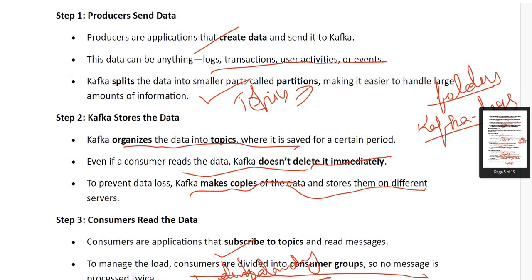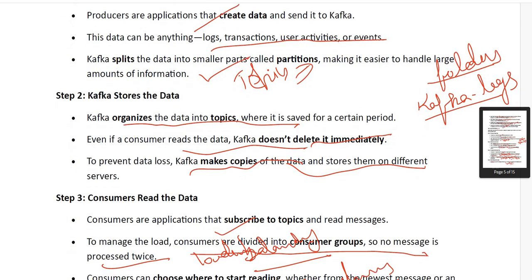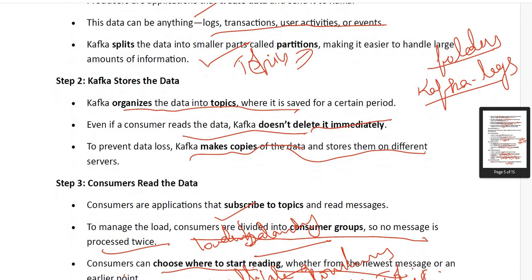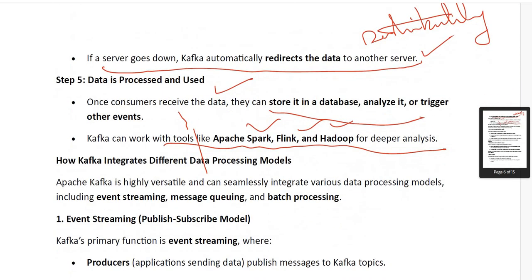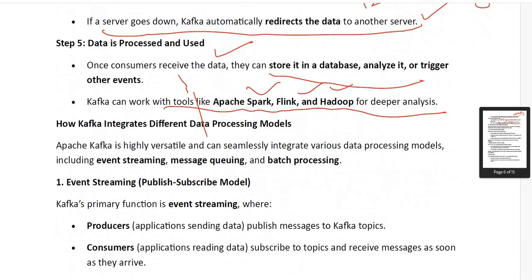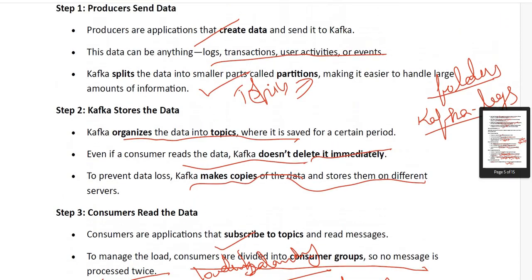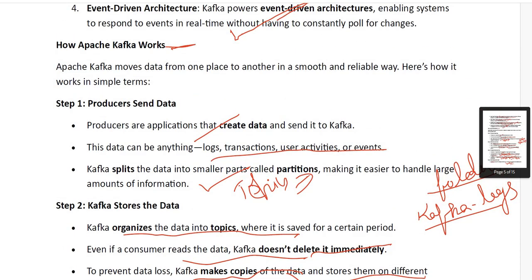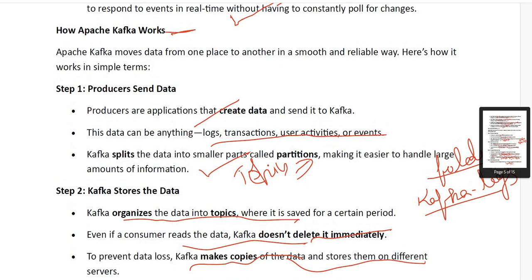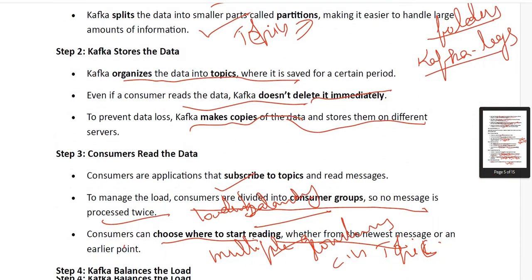Producer is for producing the data, consumer for consuming the data, broker is used to store the data, and Zookeeper is responsible for data balancing, load balancing, etc. So these are the steps of how Apache Kafka works. I think you understand this.